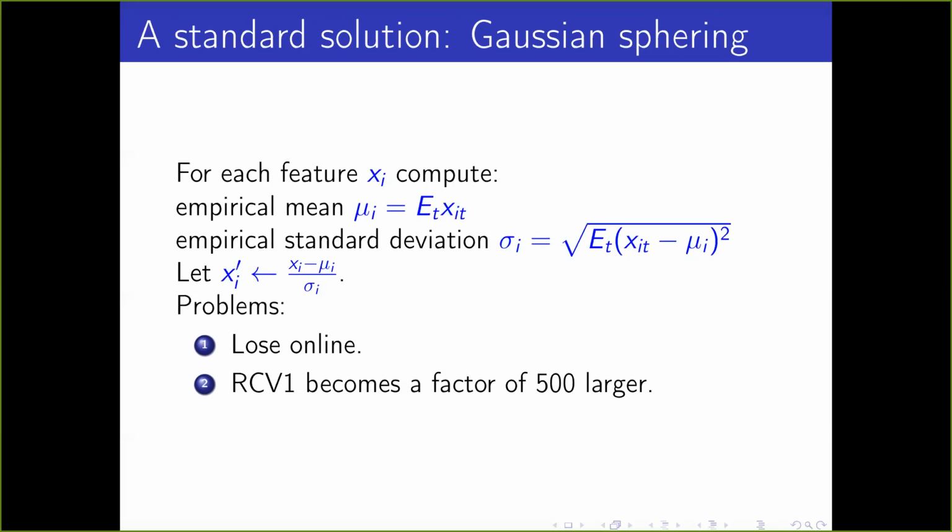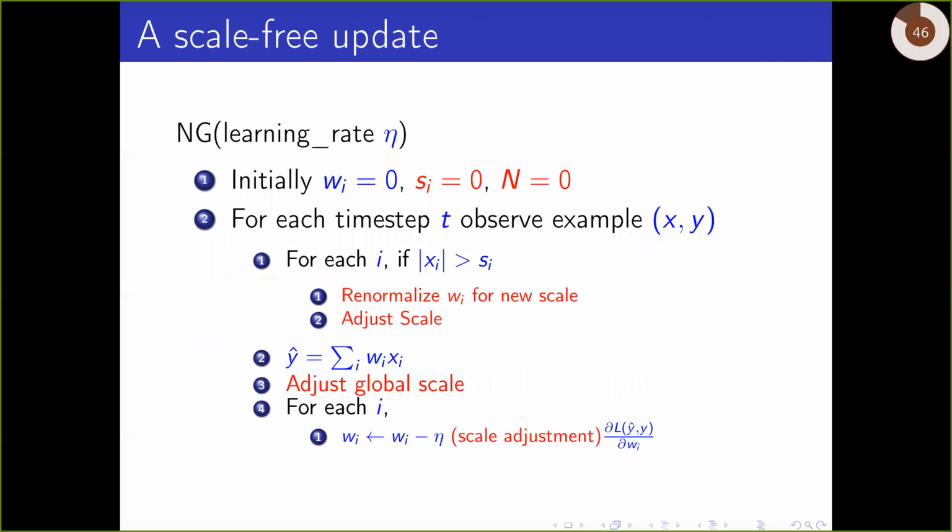Unless you do it implicitly. Yeah. So I'm going to talk about a way to get at doing this implicitly. Doing this implicitly with the mean is actually kind of tricky, because subtraction is harder than division. But it turns out you can do something for division. This is a scale-free update rule.